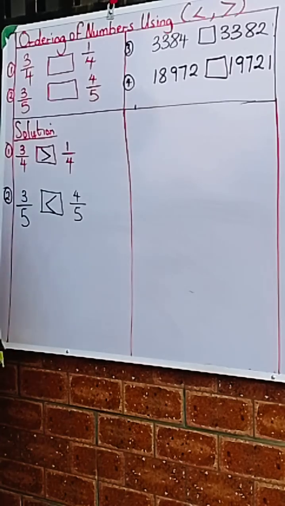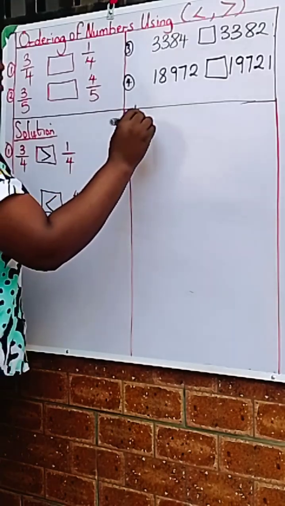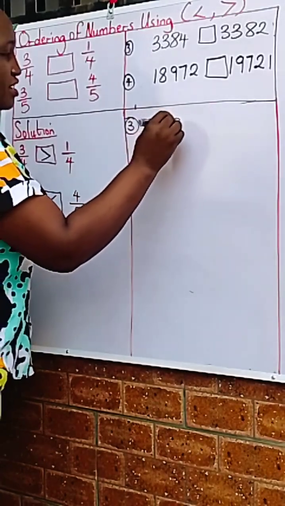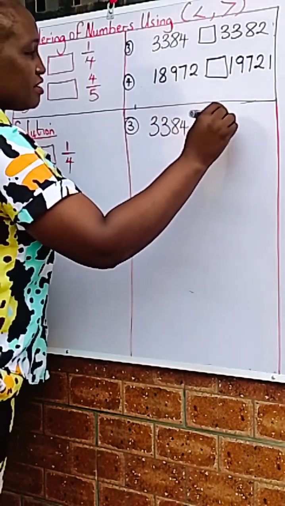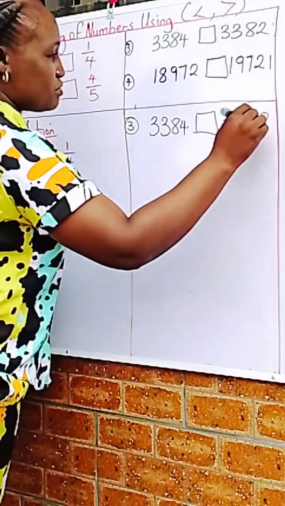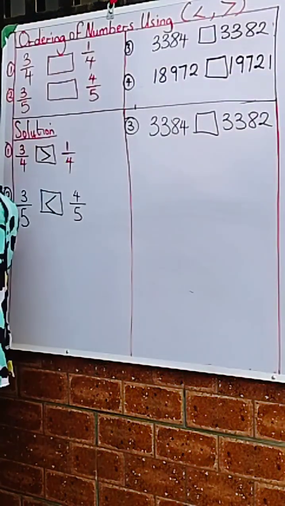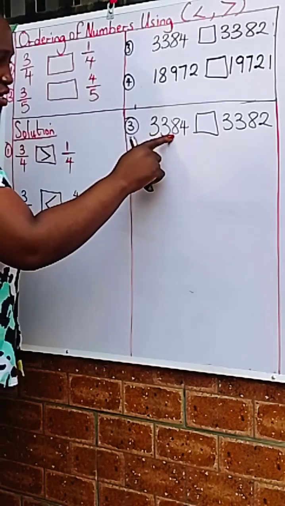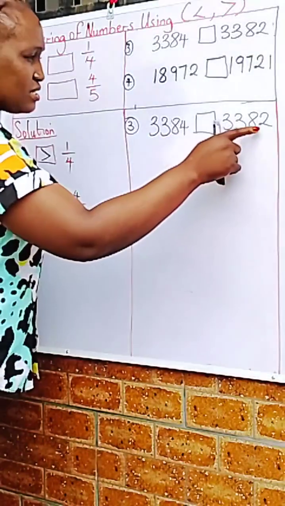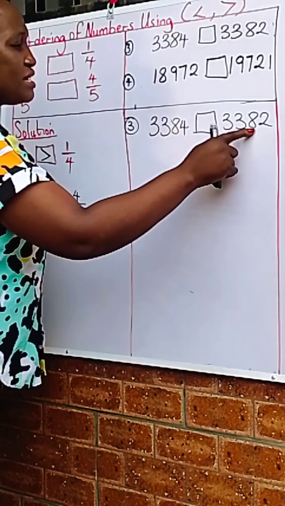Now, look at number 3. We have 3,384 and 3,382. Now let me ask, which one is the bigger number here? 3,384, 3,382.